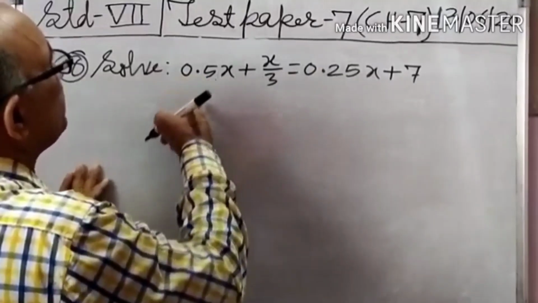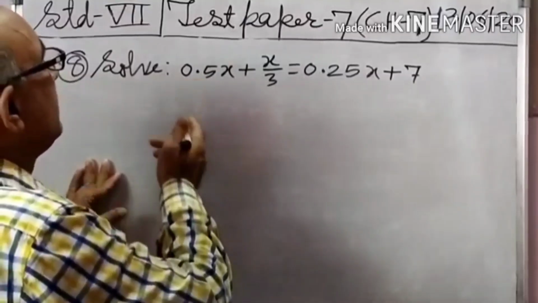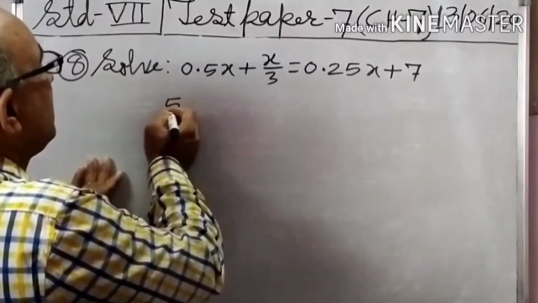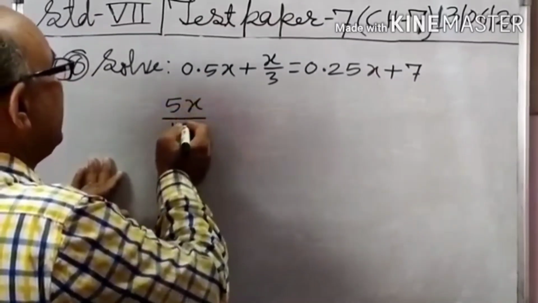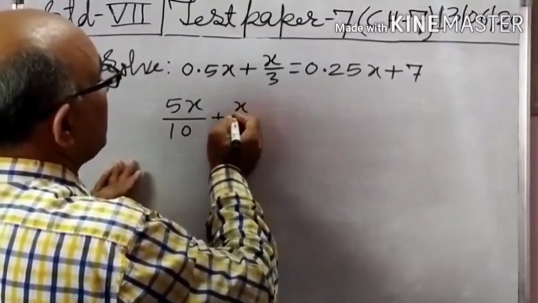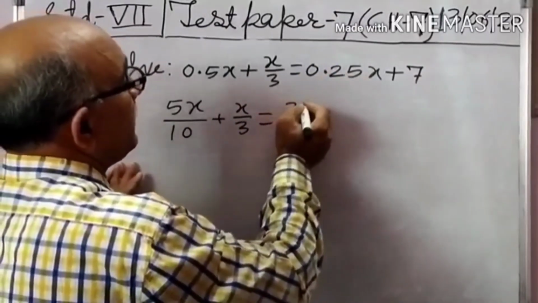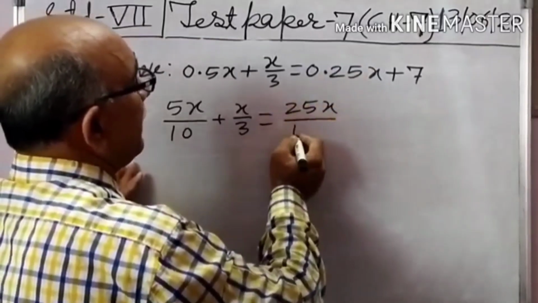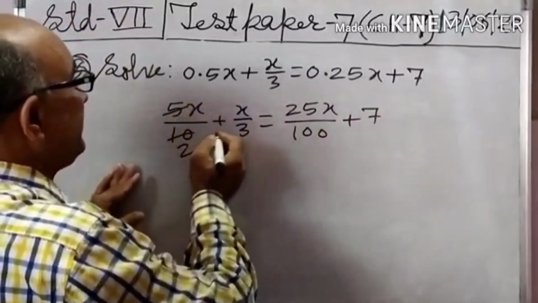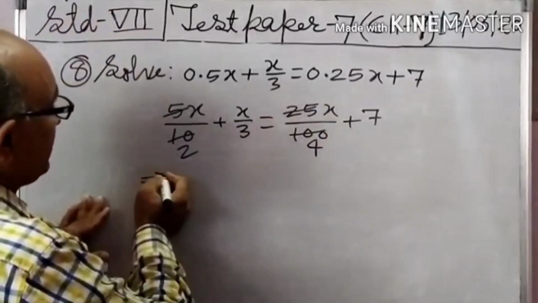Write 0.5x and change it into fractional form. 0.5x means 5x by 10. 5x by 10 plus x by 3 equals 0.25x, that means 25x by 100, plus 7. 5 over 10 and 25 over 100, now it is changed into that.